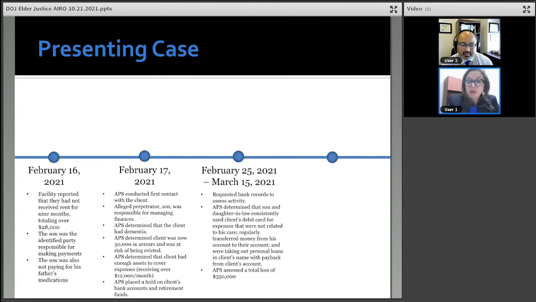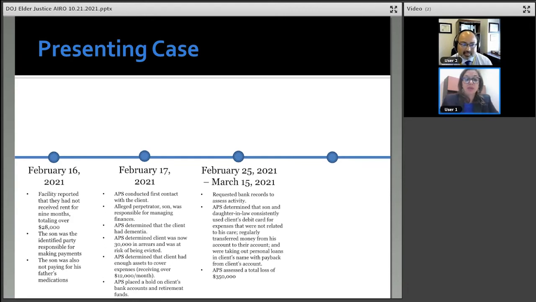We requested bank records to assess all the activity, and we determined that the son and his wife were using the client's monies for things that were not related to his care, regularly transferring money between the client's accounts and their accounts. And they were taking out personal loans, but paying the loan payments back with the client's money. Just with our assessment, there was a total loss of at least $350,000.